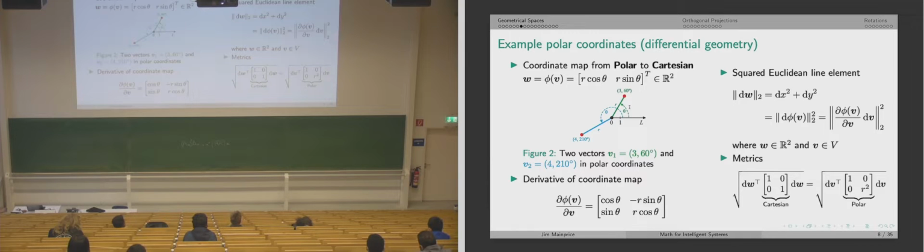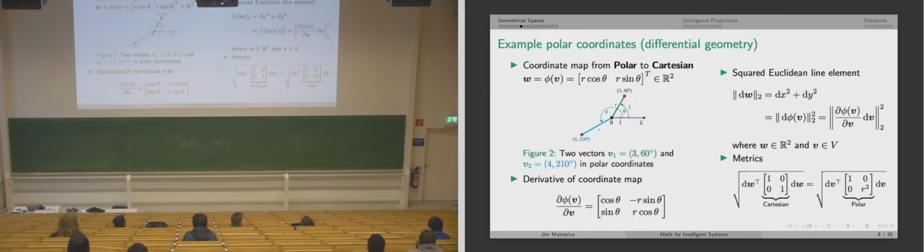is two metrics which are defined on what we will call the tangent space. So in the Cartesian space, the line element here is simply the Cartesian metric, which is the identity.